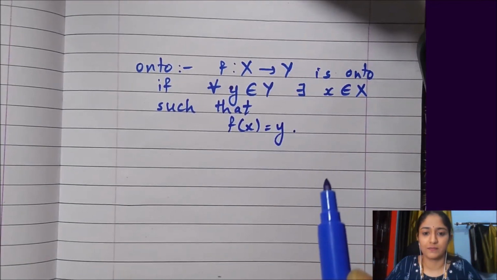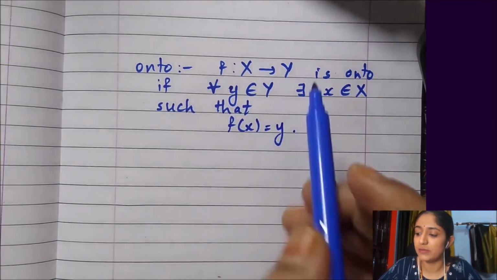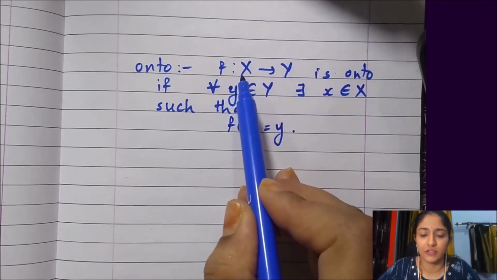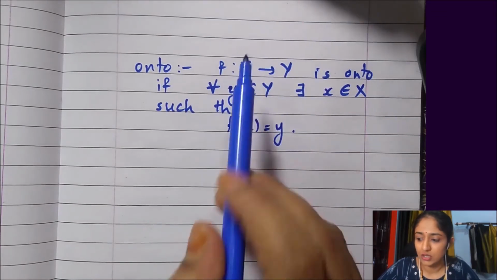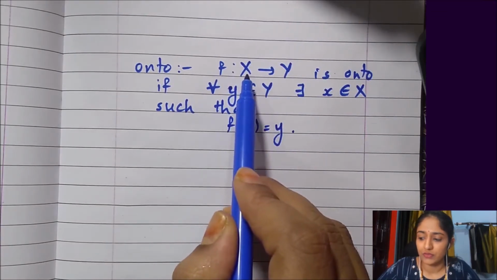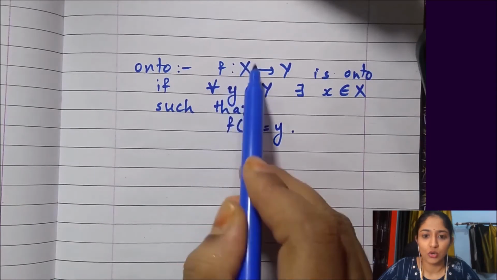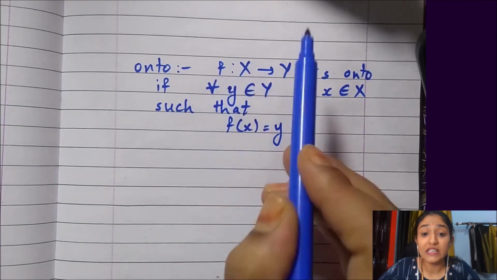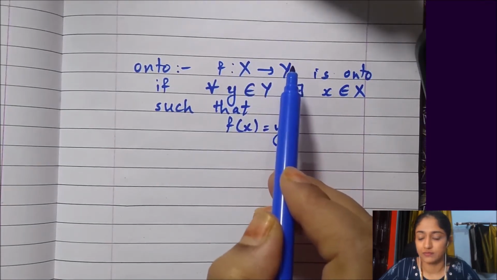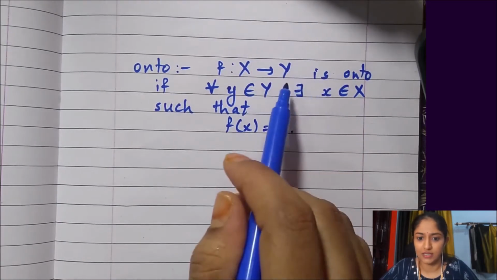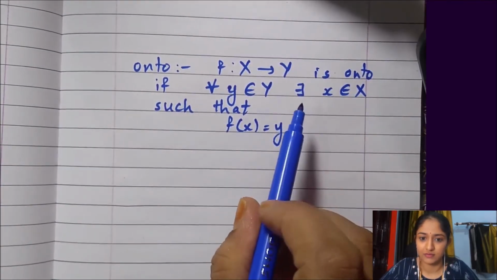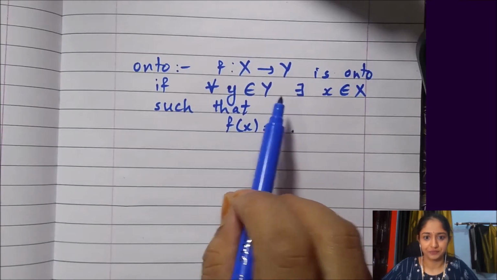So for every element in Y there is an element of X, which means that images of elements from this domain completely cover the codomain. And when I say cover, it simply means that they exhaust Y.